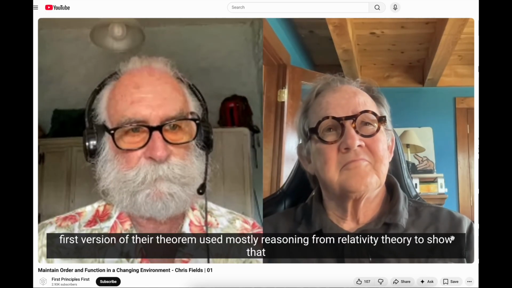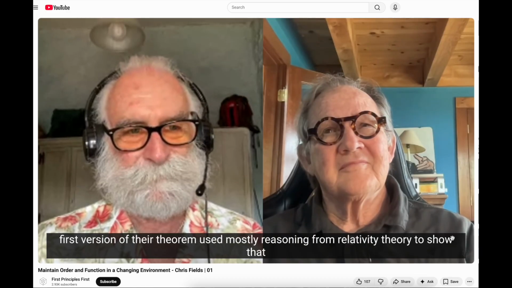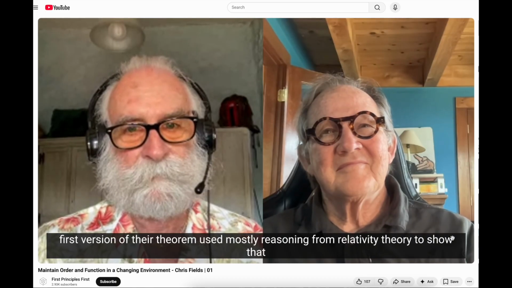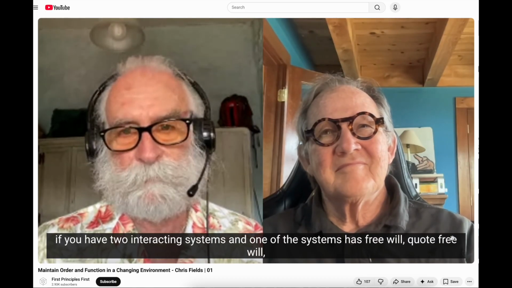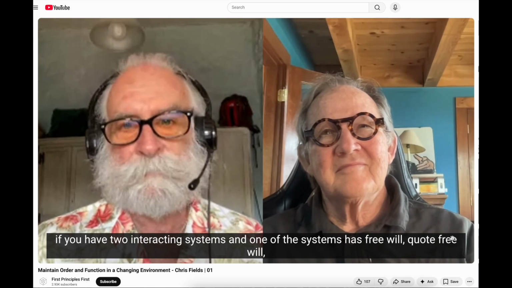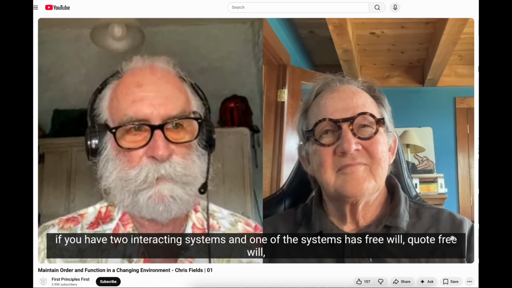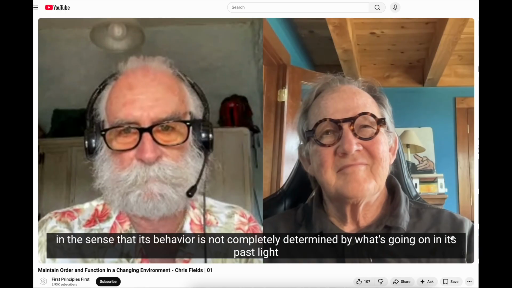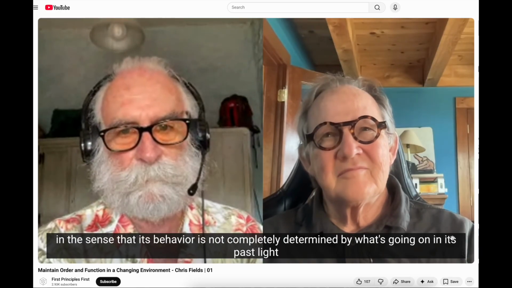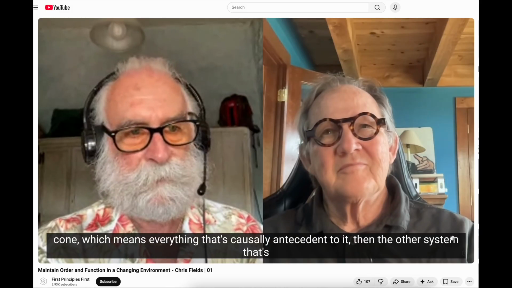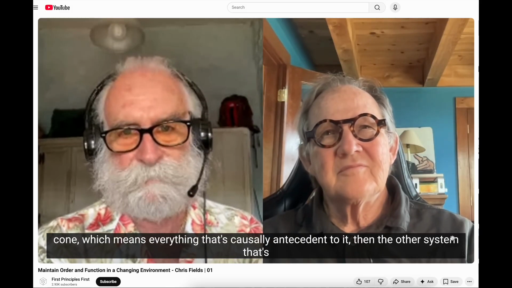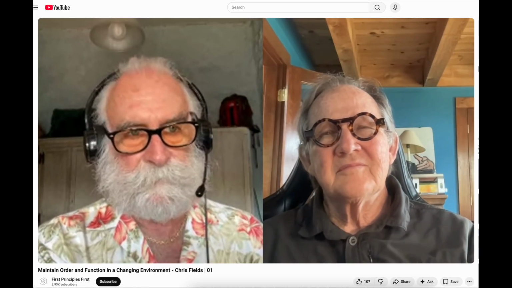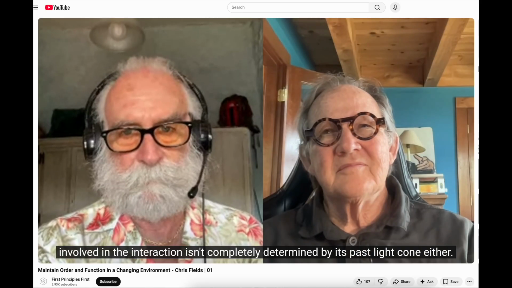And the first version of their theorem used mostly reasoning from relativity theory to show that if you have two interacting systems and one of the systems has free will, quote, free will, in the sense that its behavior is not completely determined by what's going on in its past light cone, which means everything that's causally antecedent to it, then the other system that's involved in the interaction isn't completely determined by its past light cone either.